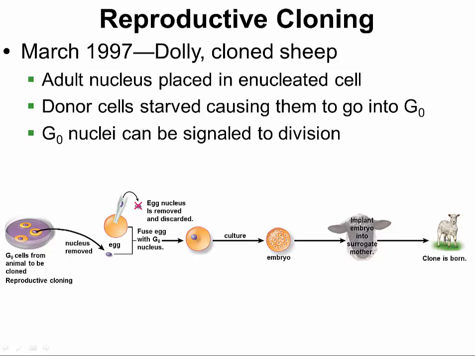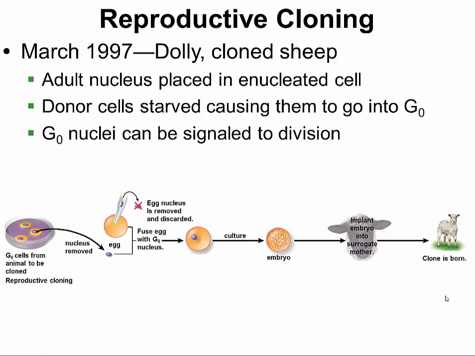The clone that's born is, of course, genetically identical to the nucleus donor, the cell donor. The egg donor and the surrogate mother are just part of the process, but they have nothing to do with the DNA of the actual clone. So this is referred to as reproductive cloning. Reproductive cloning is extremely common in the world today.